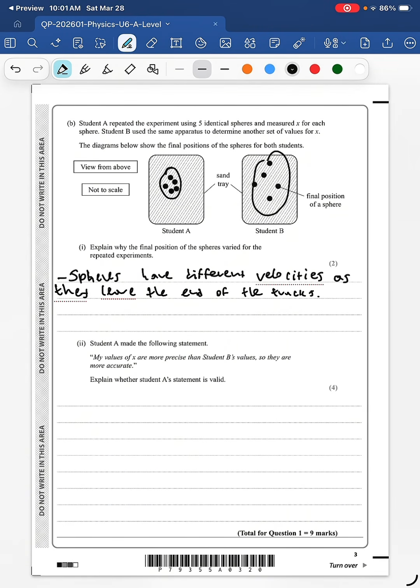So question 2. Student A made the following statement: my values of x are more precise than student B's values, so they are more accurate. Explain whether student A's statement is valid. So for student A, the values have a smaller range.